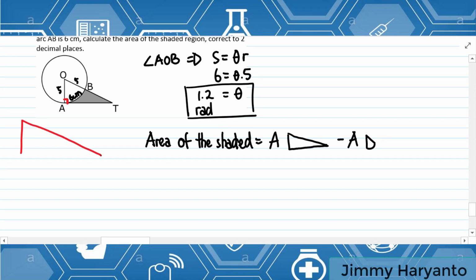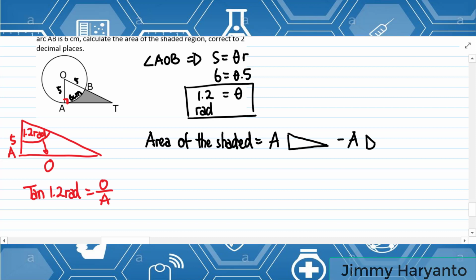Okay, take a look at this. We have 1.2 radians right here, and the adjacent side is 5. We don't know the hypotenuse and we don't know the opposite. This one is the opposite, so we can use TOA: tan 1.2 radians equals opposite over adjacent.